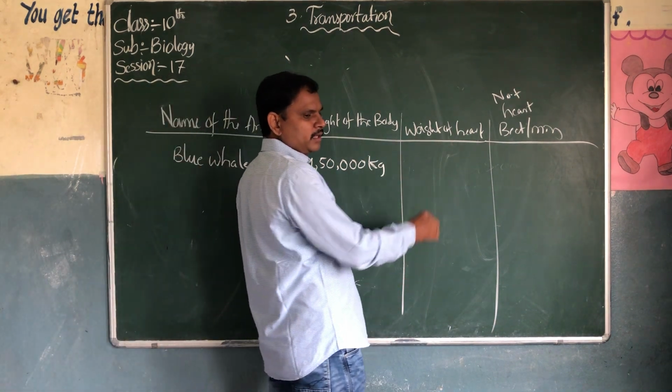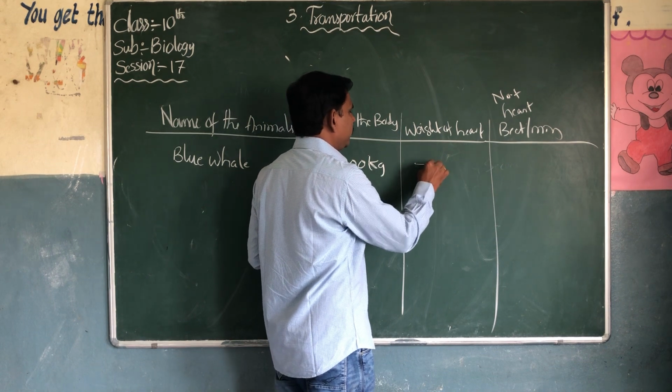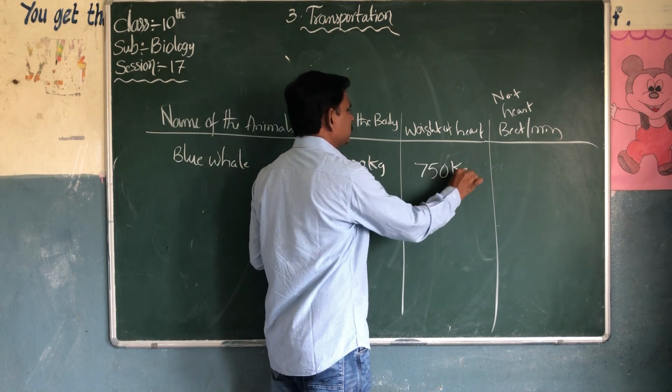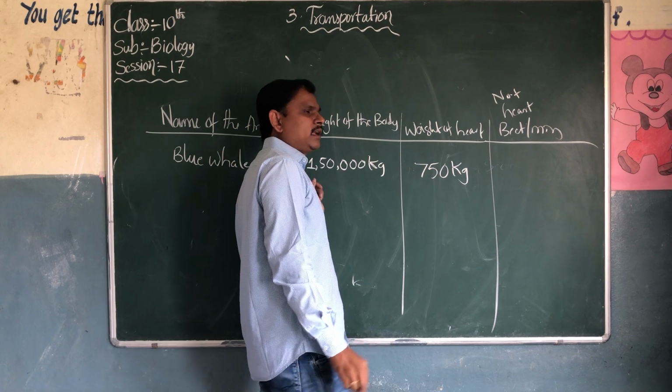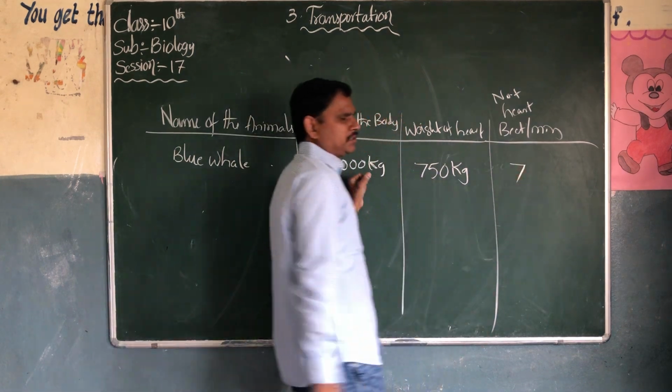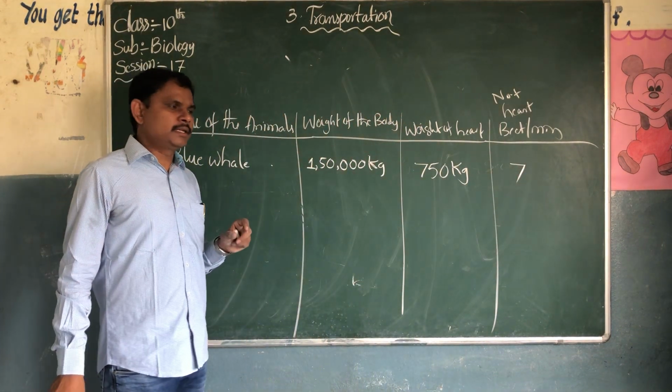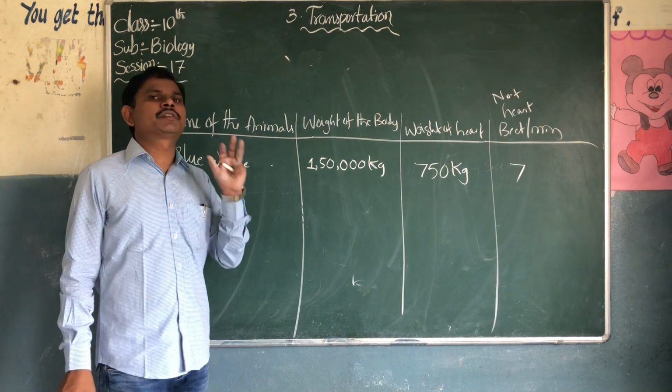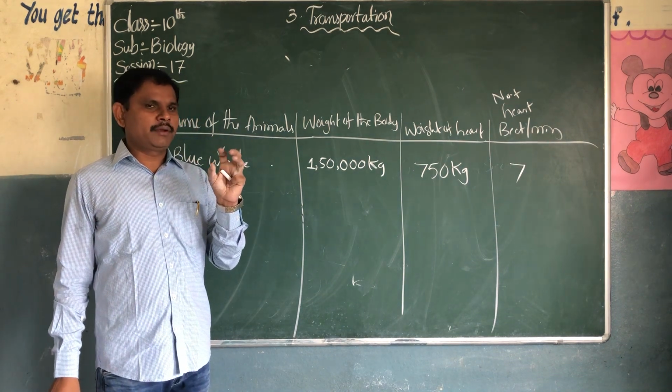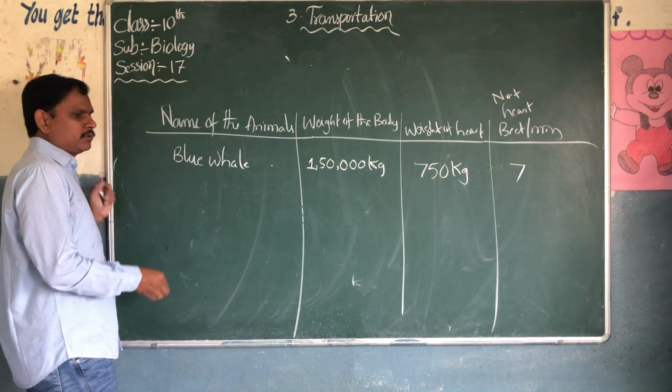The weight of its heart is around 750 kg. But what is the heartbeat rate? For 1 minute, the heartbeat rate in the blue whale is only 7.